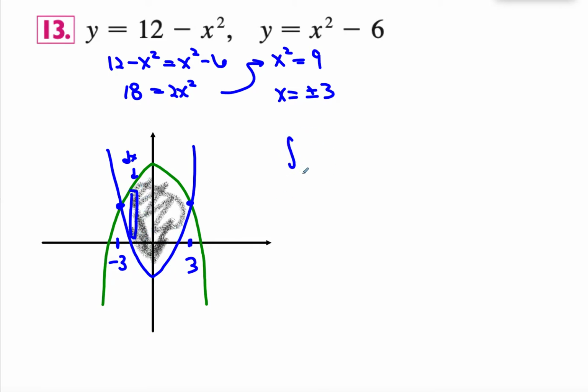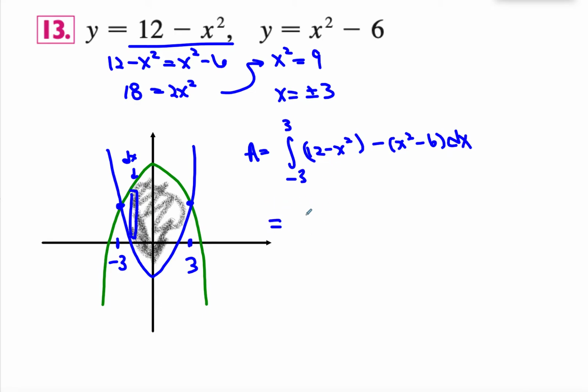So the area should be equal to the integral from -3 to 3 of the green one, which is 12 minus x squared, minus x squared minus 6, dx. Once you solve this, we should be able to get the answer.